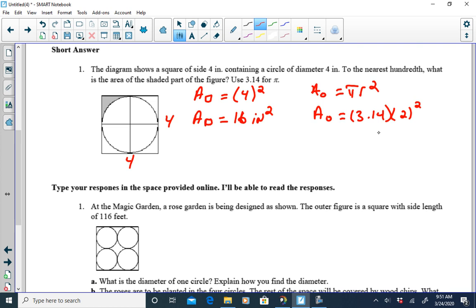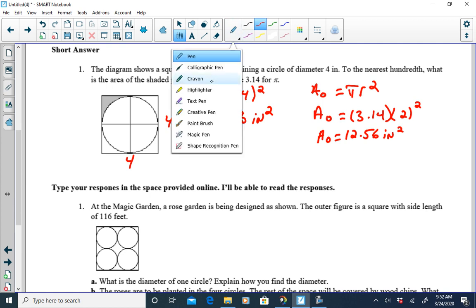That's going to be 12.56. So the area of the circle is equal to 12.56 square inches. Now we're just looking for the area that's shaded. Well, the area that's shaded is, let's play with this a little bit.